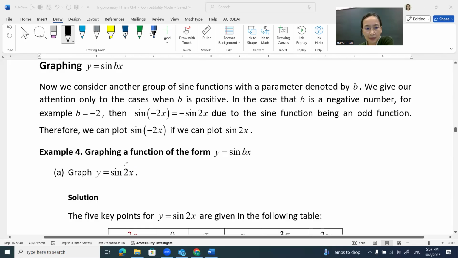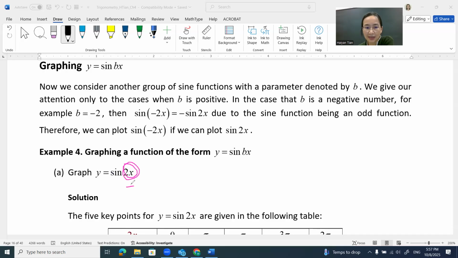We can treat this as t, for example, or name it whatever. That is a variable. As soon as I do a change of variable, we can think of the basic sine function.